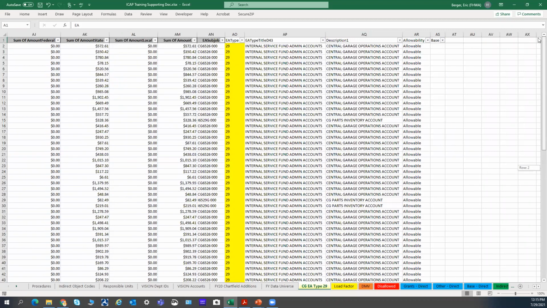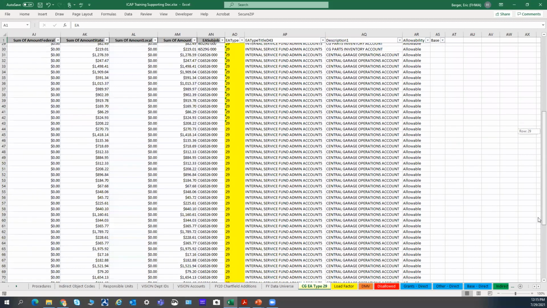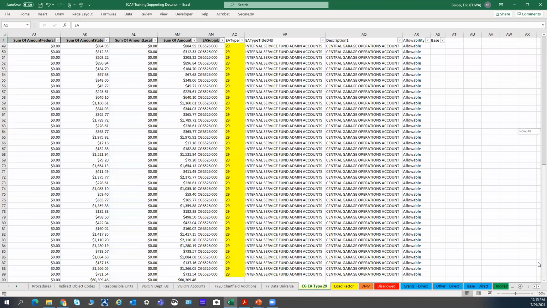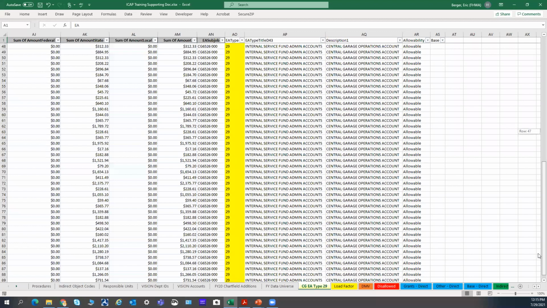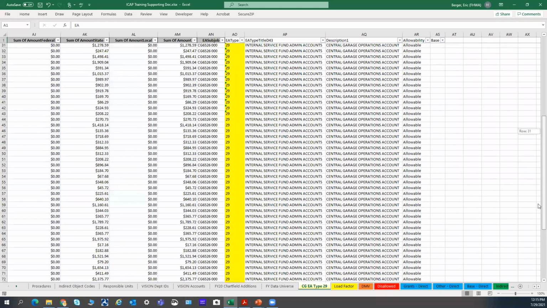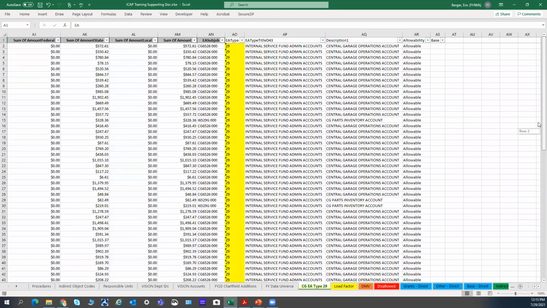So here is, remember I pointed out EA type 29, which was the central garage. So here from the universe is what they did: they just made this query and they pulled every single thing out of that universe that had to do with the central garage.